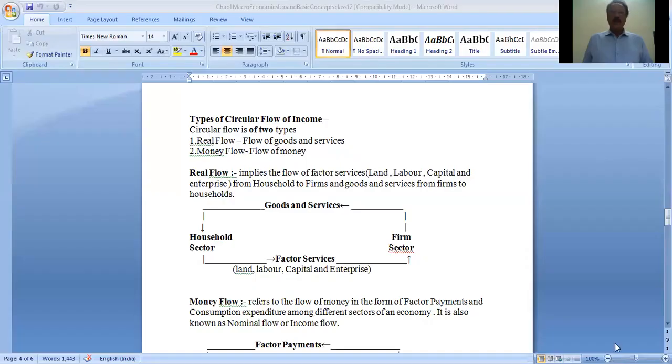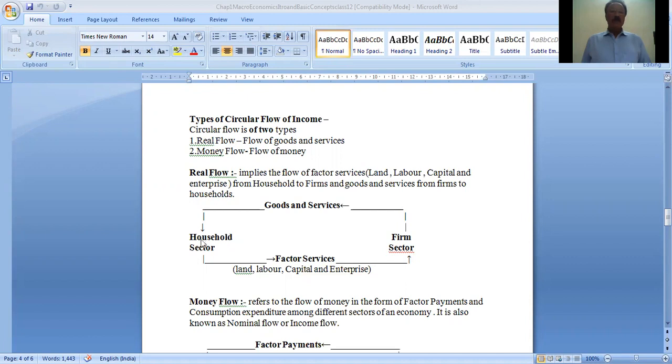So children, I am sharing a screen with you where I have put a diagram of the same thing which I have just said. There are two sectors: household sectors and the firm sectors.